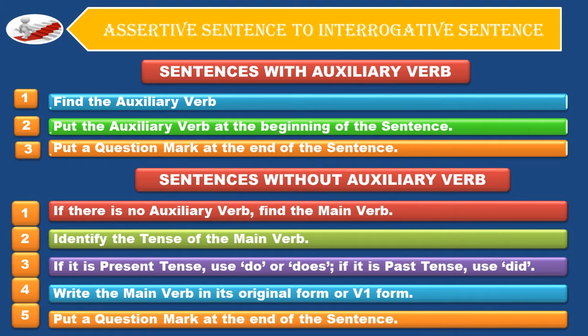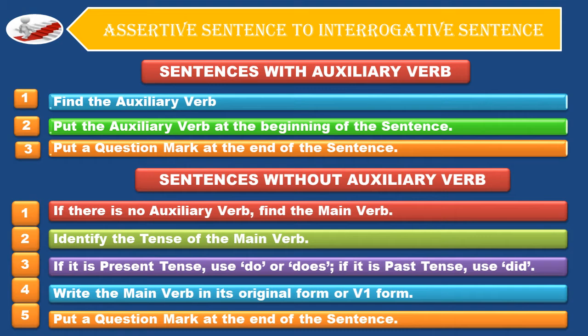If the subject of the sentence is third person singular number, you have to use does, and if it is anything other than third person singular number, you have to use do. And if your main verb is in past tense, you have to use the word did.